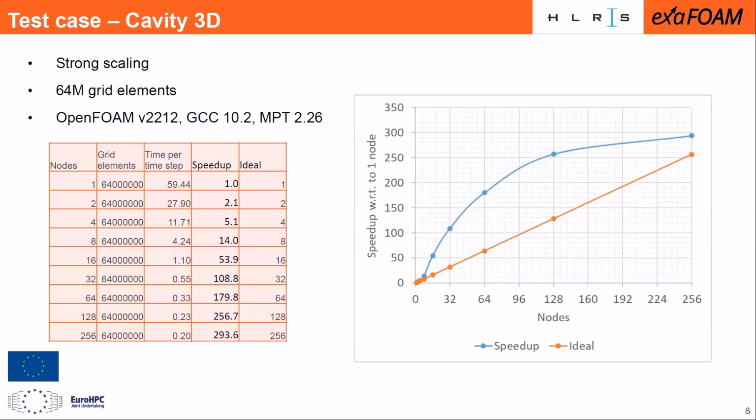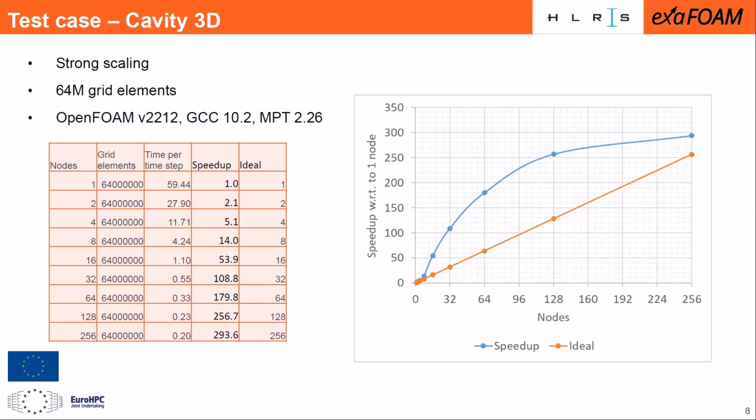Here I'm showing the strong scaling of the cavity 3D on our Hawk supercomputer using OpenFOAM 2212. The orange line is the ideal speedup, and the blue line shows the current speedup that we have. This is with PCG, the very standard linear solver for this case.